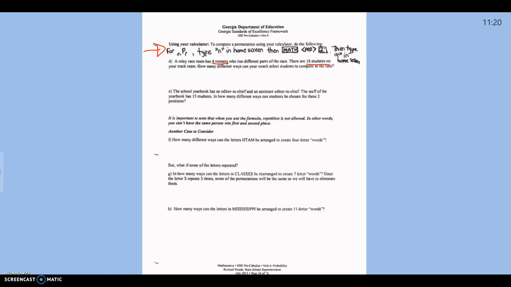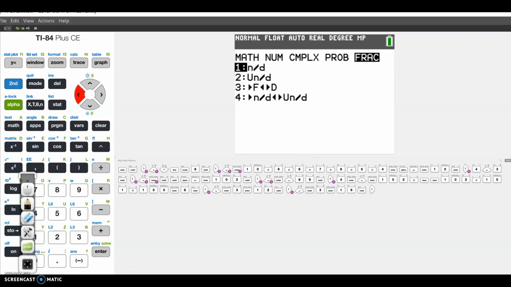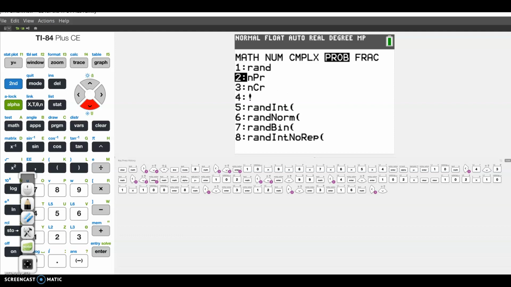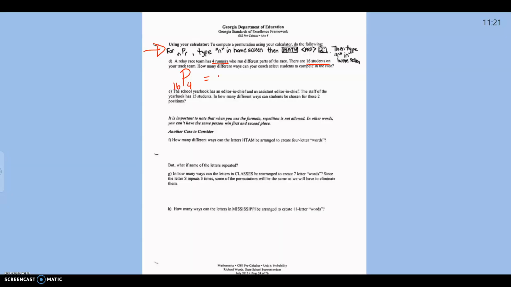So we're going to do permutation, 16 people to pick from, and you're picking 4. So again, you're going to go to your calculator, 16, math, 16 pick 4, and enter. So you're going to get 43,680. Hopefully this is starting to make sense.